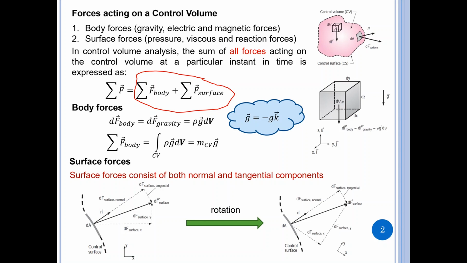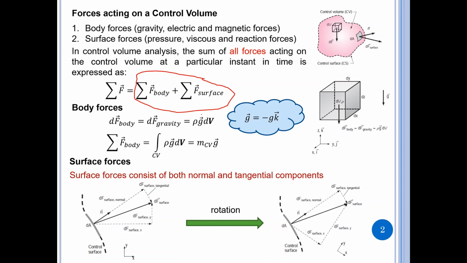Body forces are because of the mass and gravity, F equals mg, and mass is basically rho times volume. In differential form, dF body is dF gravity, which is equal to rho g dV.